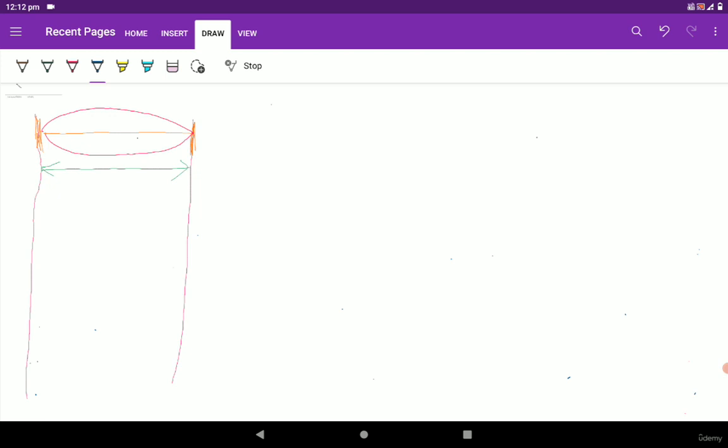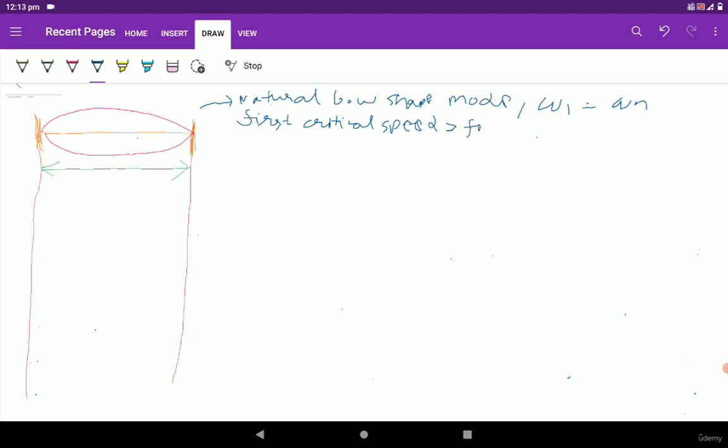This is the natural bow shape mode, where omega 1 is equal to omega n, that is the first critical speed, which is equal to the fundamental frequency.